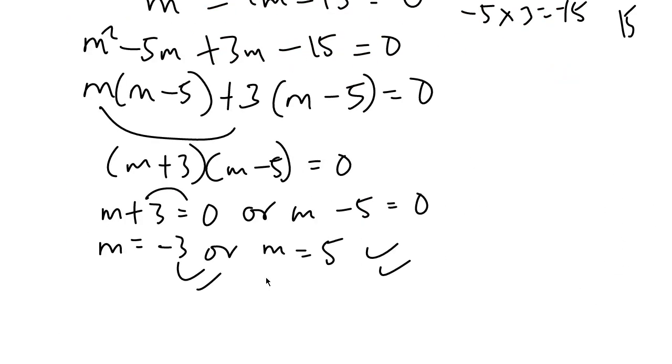Do you understand? So all you simply do, follow the principle that says b squared negative 4ac and then solve the resulting equation. Do you understand? So let's take this question now.